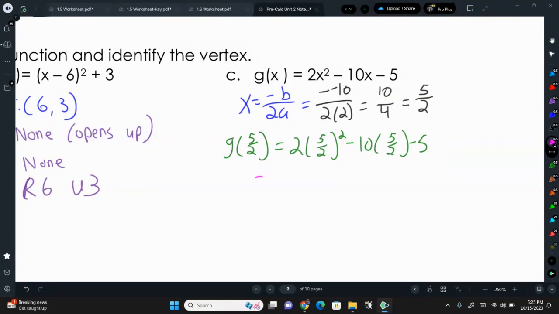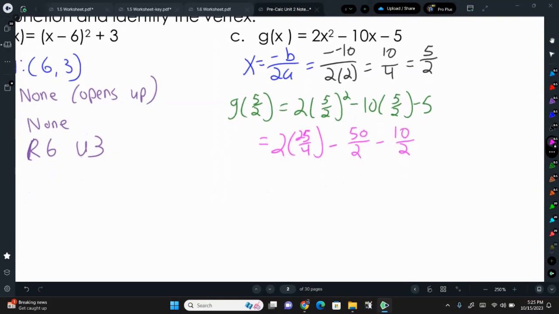All right, then if we simplify that, it's 2 times 25 over 4 minus 50 over 2 minus, I'm going to change this 5 to 10 over 2 because I see that my denominators are all going to be 2.